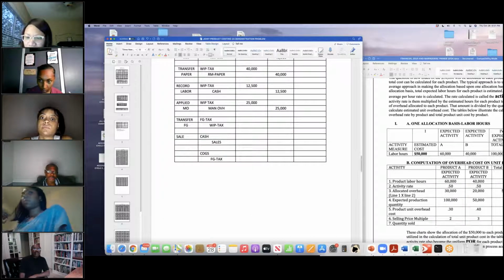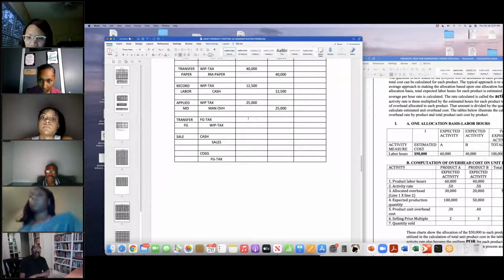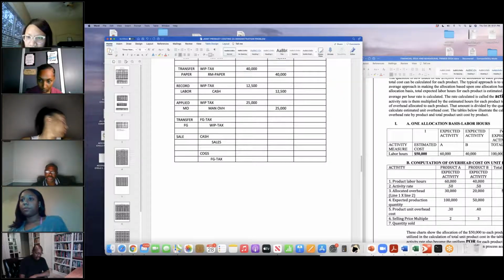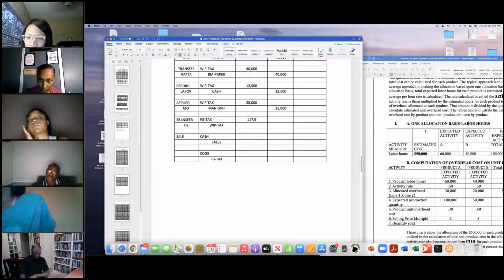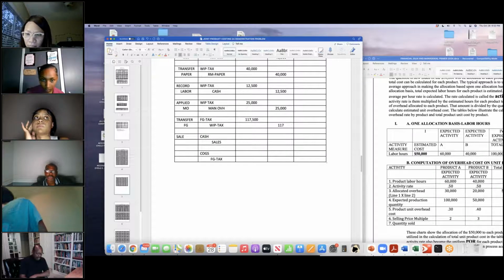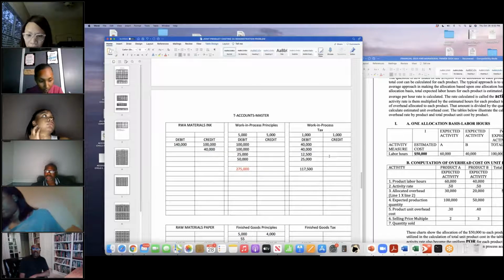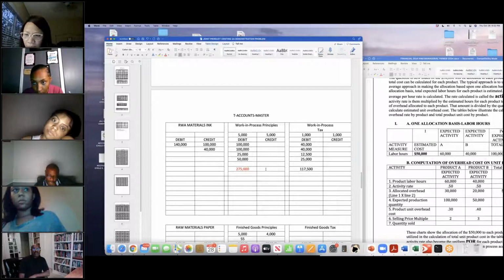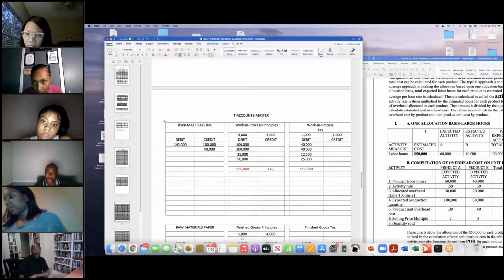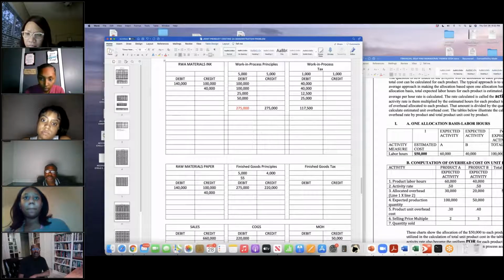So we're going to transfer all the cost out: 117,500 debited to finished goods and 117,500 credited to work in process. So we make the books, and then we transfer out all of the costs. We would have had this credit of 275 for the principals when we transferred it out.